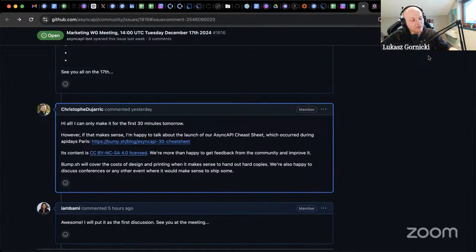So our cheat sheet also has some diagrams and additional explanation, because whenever we talk about AsyncAPI at the booth, we usually have people that have no idea about it, so we have to first explain the concept of event-driven, the brokers, producers, etc. That's why we have some different content.